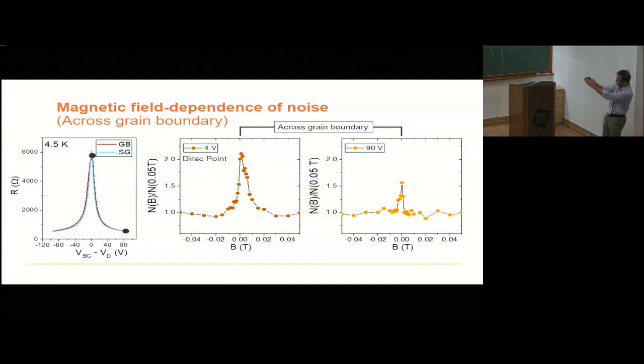Here the noise reduction occurs at a slightly wider magnetic field because the phase breaking length is slightly shorter at the grain boundary. That's why the magnetic field scale at which the noise decreases by a factor of 2 is slightly larger. But the moment you go to higher density, like 90 volts over here, the reduction magnitude is significantly smaller. This is taken at 4.5 Kelvin.